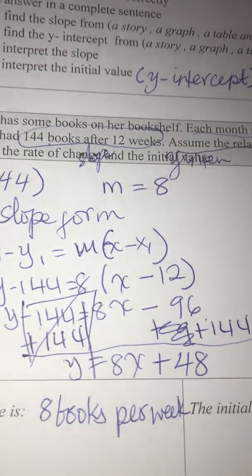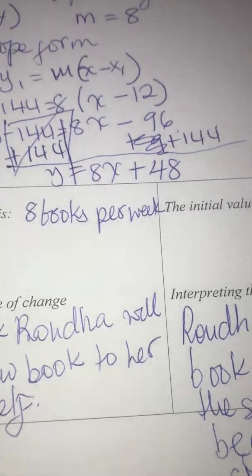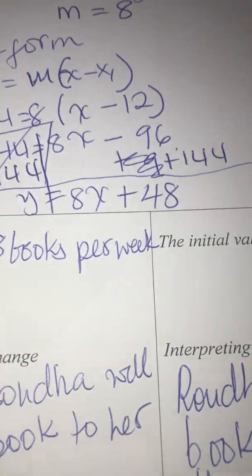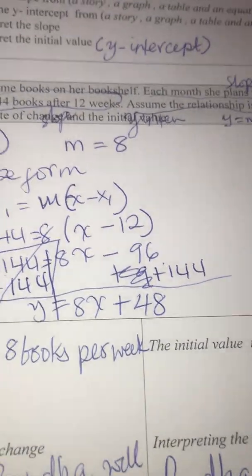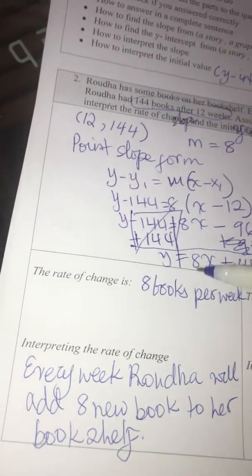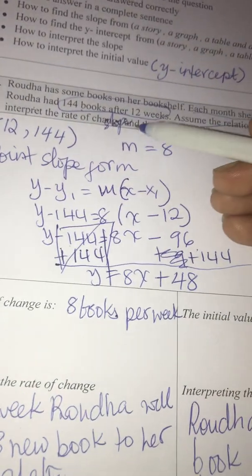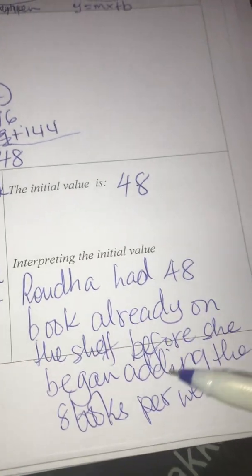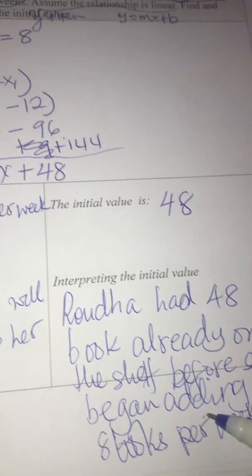If you cannot read, it will be impossible for you to write these sentences. You should know how to read. It is very important to know this. Okay? All right. So I have found my rate of change. That's what the question told me. I have interpreted. I have found my initial value. I have interpreted. Okay? All right.